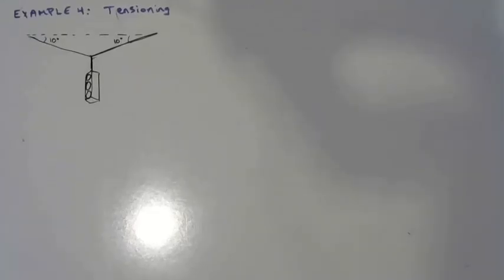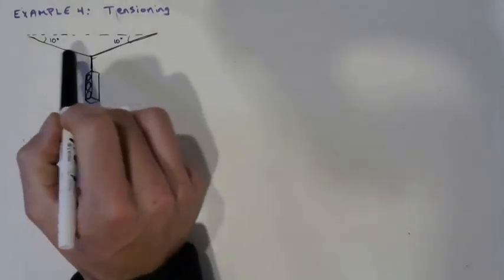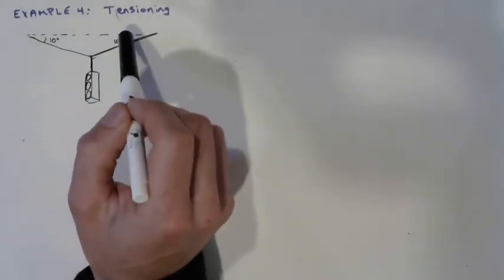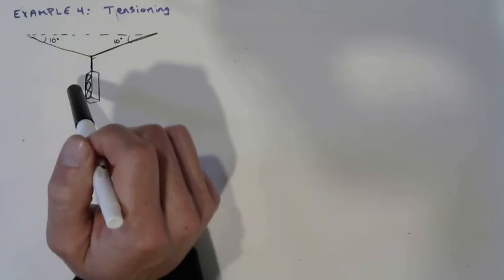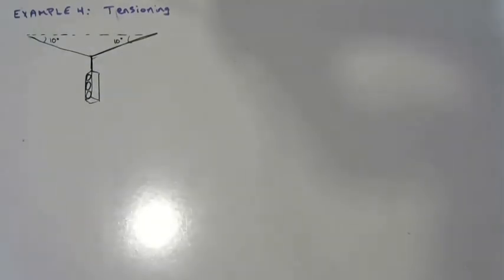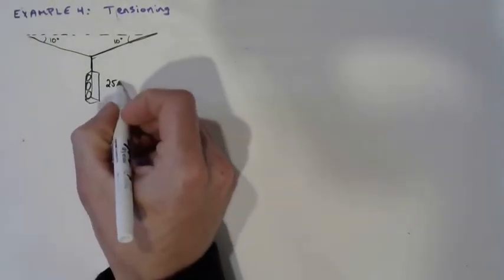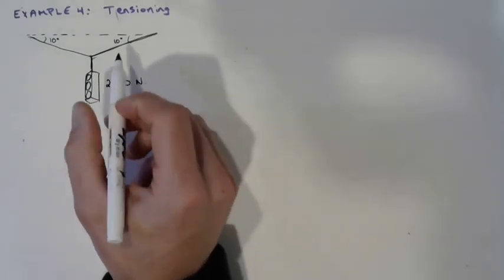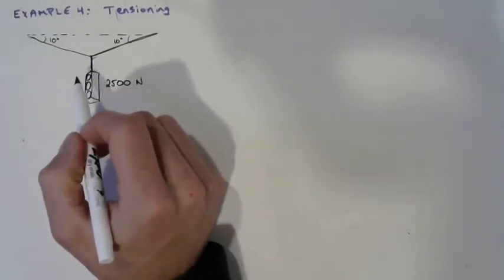All right, in example 4, we have a tension situation. A traffic light at an intersection is hanging from 2 wires. They are equal length and they both make an angle of 10 degrees below the horizontal. The traffic light is 2,500 newtons. And we need to figure out the tension on the wires.